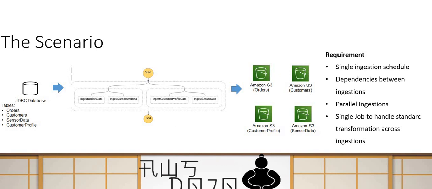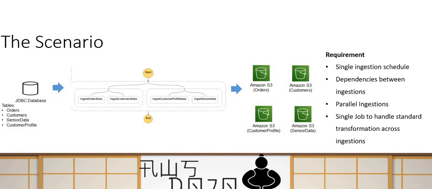So for instance, you will simply read the data from the table, convert that data into, say, Parquet format, remove some empty rows and those kinds of things, and then simply write that to the S3 bucket. So generally people try to handle standard transformation.